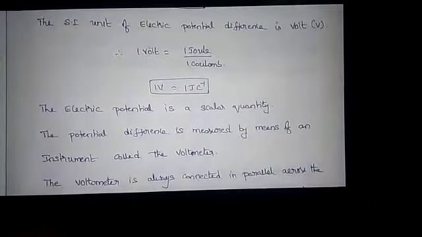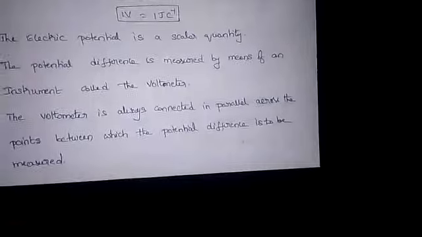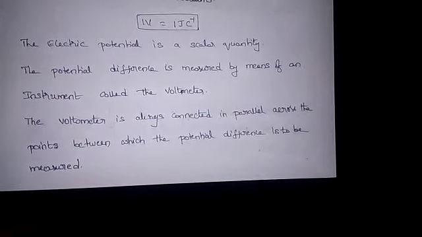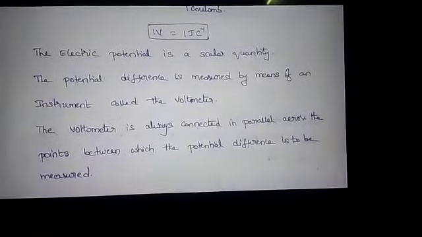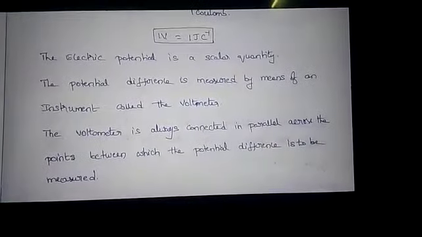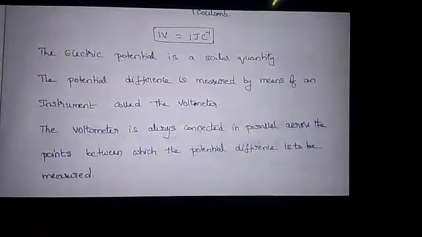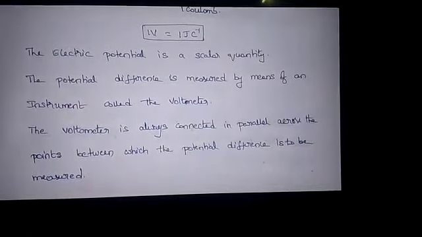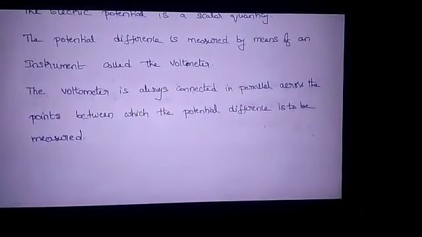The voltmeter is always connected in parallel across the points between which the potential difference is to be measured. So the voltmeter is connected between 2 points, across them in parallel only. That way we can measure the potential difference. See some examples here.